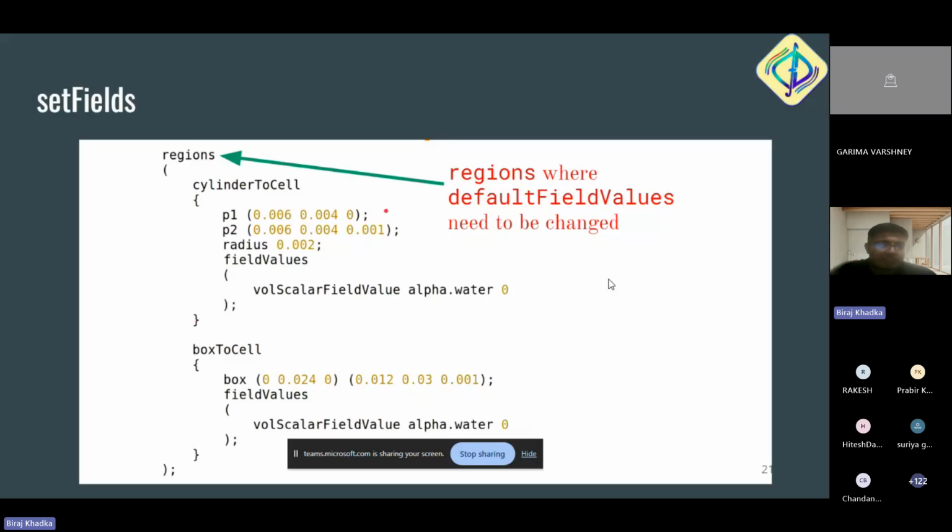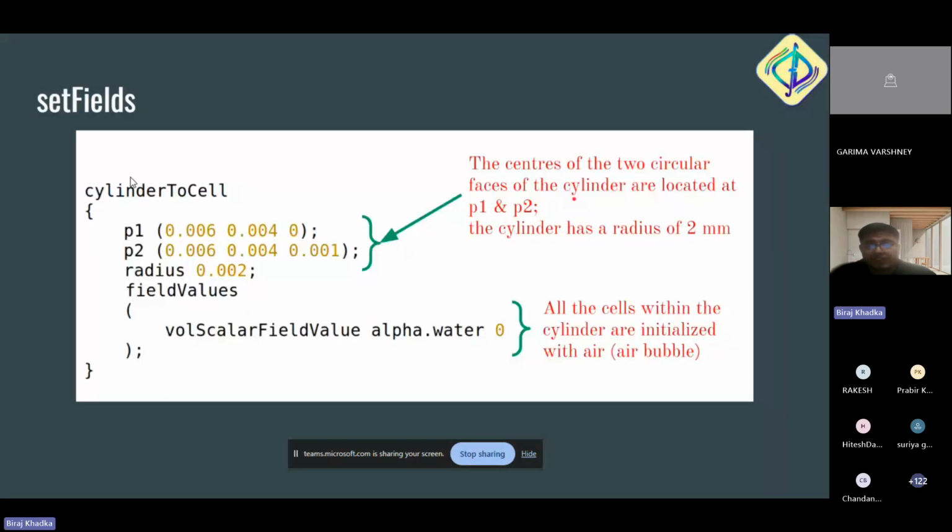In order to define the air in a particular region, we have to define it inside the regions. To define the cylinder type of region, we have to define cylinderToCell, and for that, we need to define 2 points and a radius.